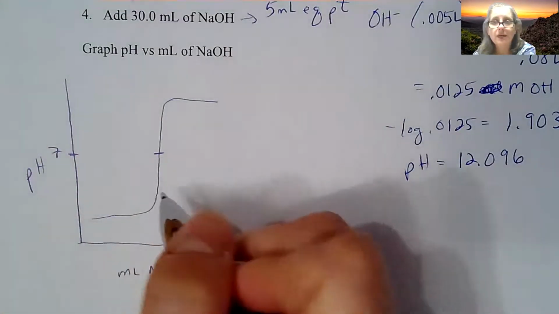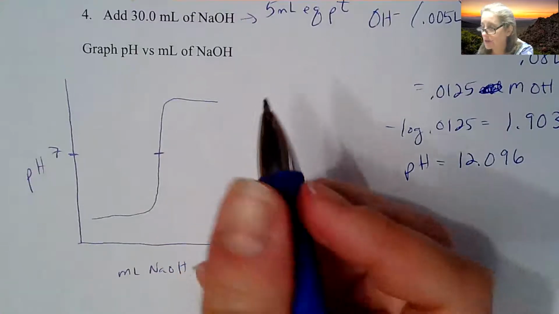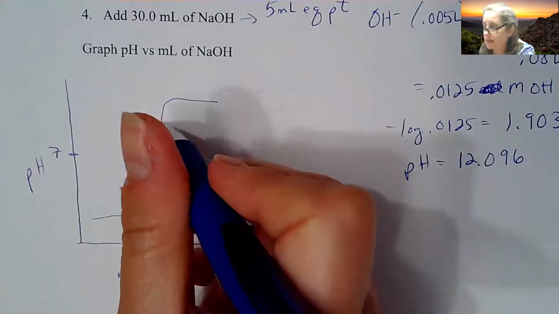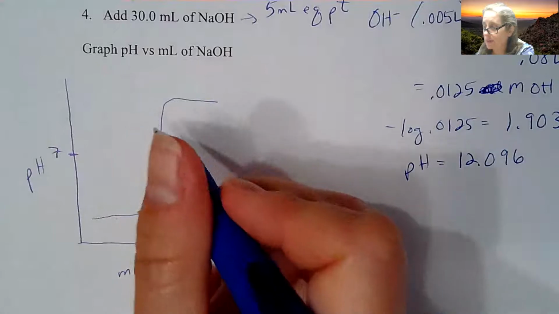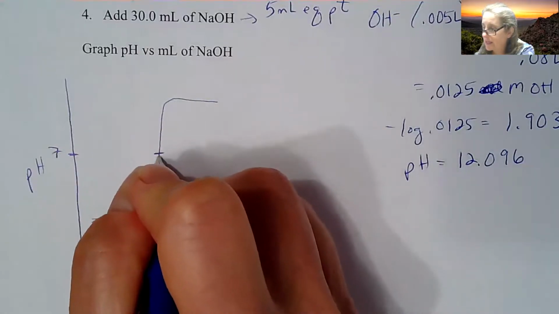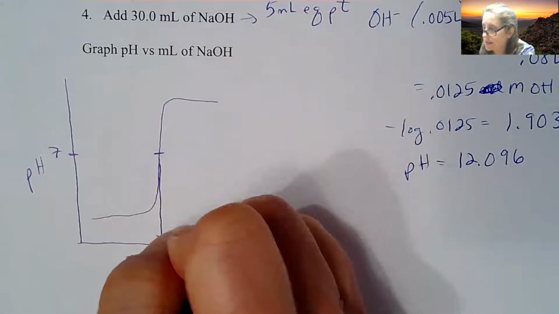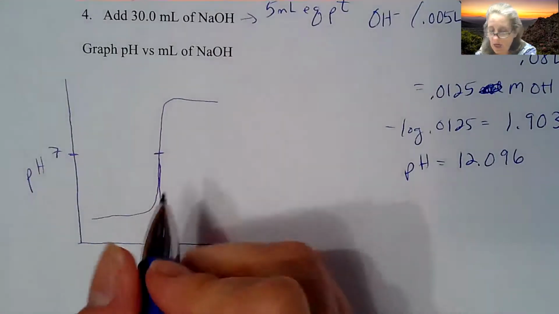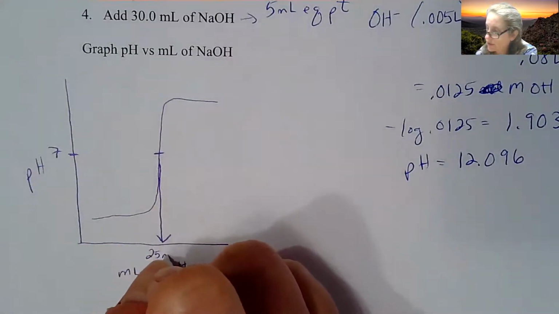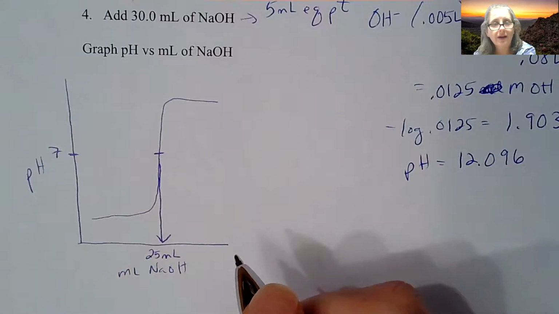So it needs to be equally in between if you didn't catch that before. So it's going to be in the middle of the upward span that you have. And if you go down to the milliliters of NaOH, that is where it's going to match the equivalence point. So that's going to be at 25 mils.